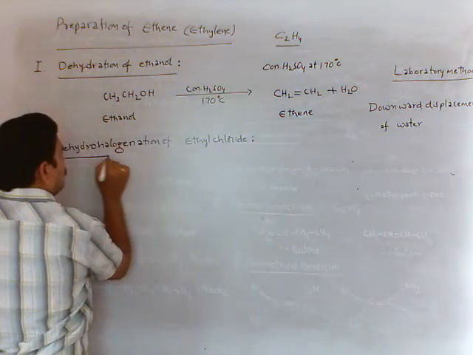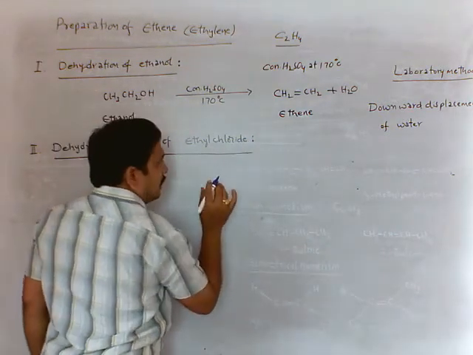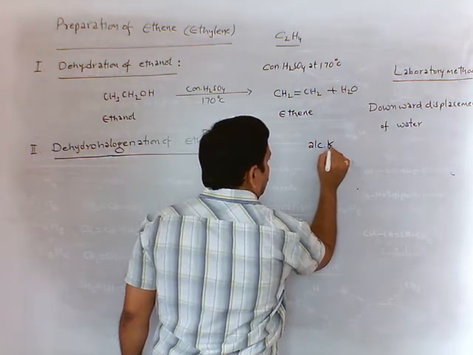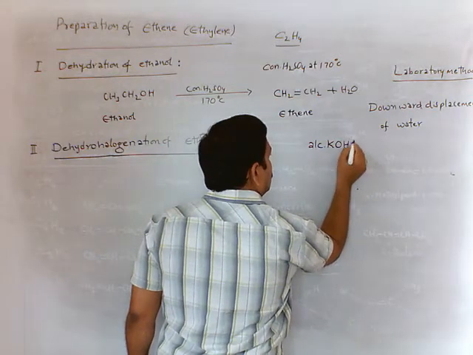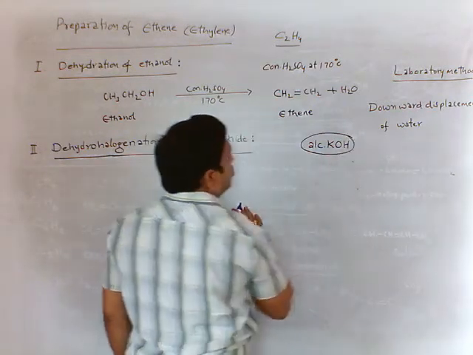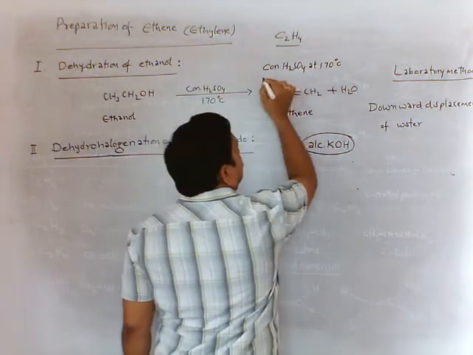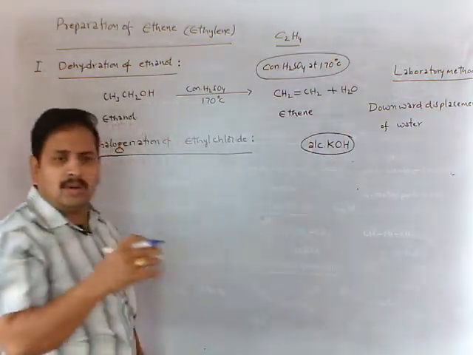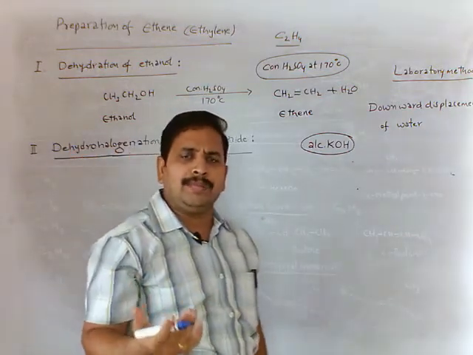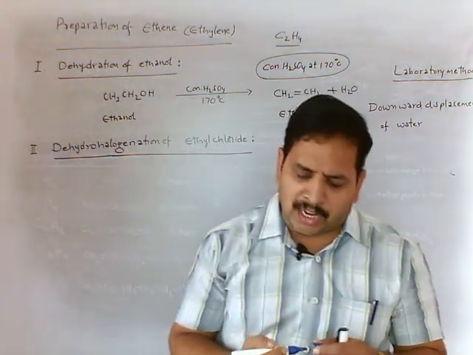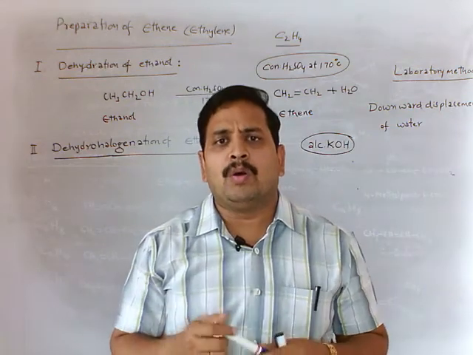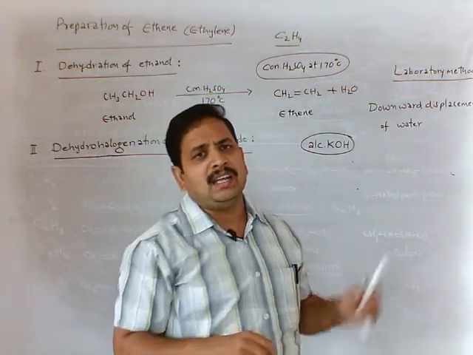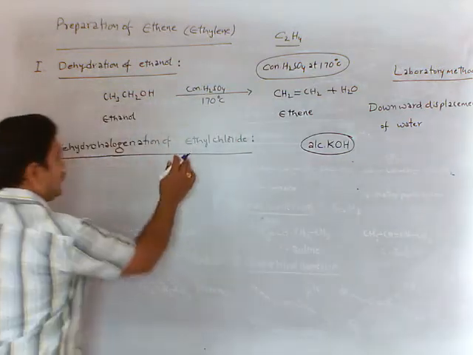In this we are using an agent, alcoholic potassium hydroxide. It is a dehydrohalogenating agent. That means this alcoholic potassium hydroxide removes hydrogen and halogen. That's why it is a dehydrohalogenation reaction.